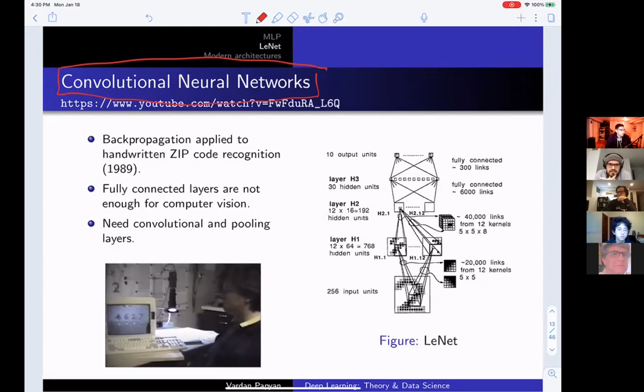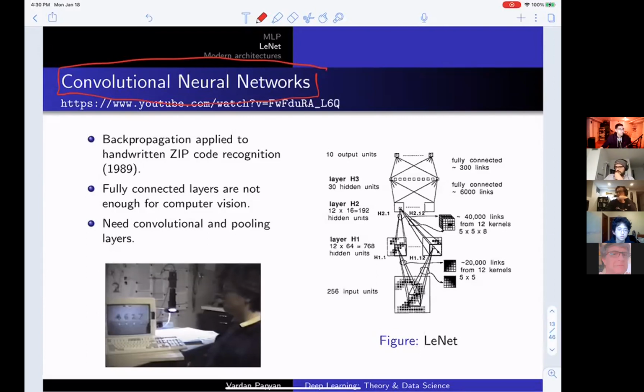You can see towards the end of the video how the digits are non-trivial in some sense, because they don't look like standard digits. And you can see two of Jan LeCun's friends.